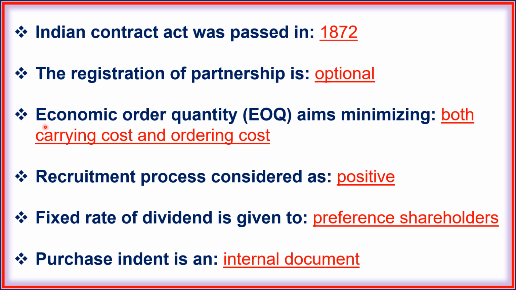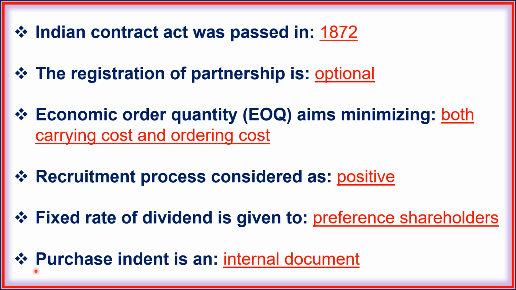Next, economic order quantity aims at minimizing both carrying cost and ordering cost. Next, recruitment process is considered as positive. Next, fixed rate of dividend is given to preference shareholders.